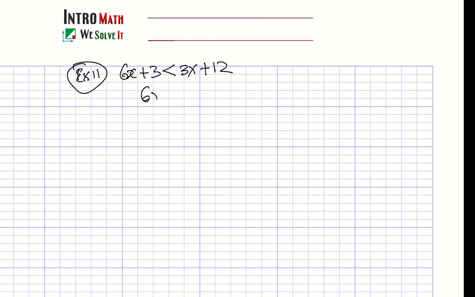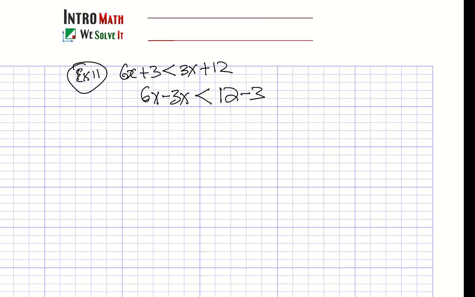We'll have 6x minus 3x less than 12 minus 3. You see it, right? We didn't multiply by negative numbers, so we'll preserve the sign.